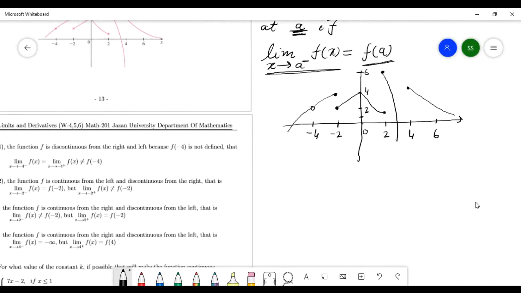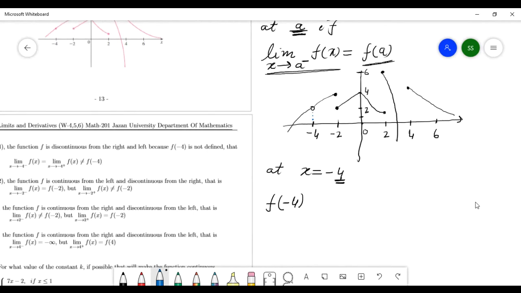First you check at this point, at x equal to -4. Check whether this function is left continuous or right continuous. Check at this point -4. Okay. So at this point, if we check f of -4, if you go here upside at this -4, go upside here.